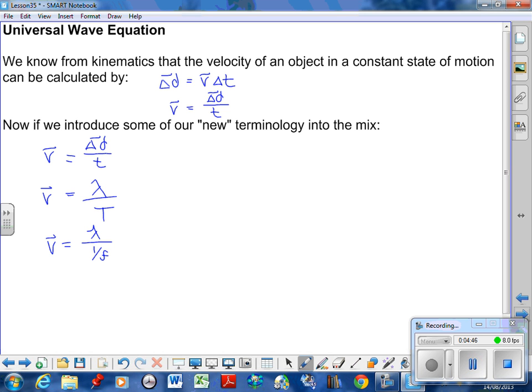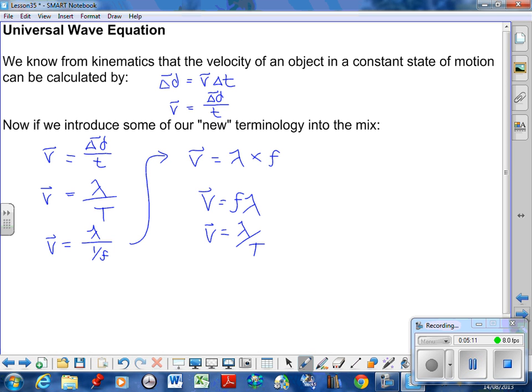So now if I do some of our math dealing with fractions, we know that it's lambda multiplied by the reciprocal, and we end up with our standard universal wave equation. Now I am going to leave it in the other form as well because there's moments when it becomes handy.